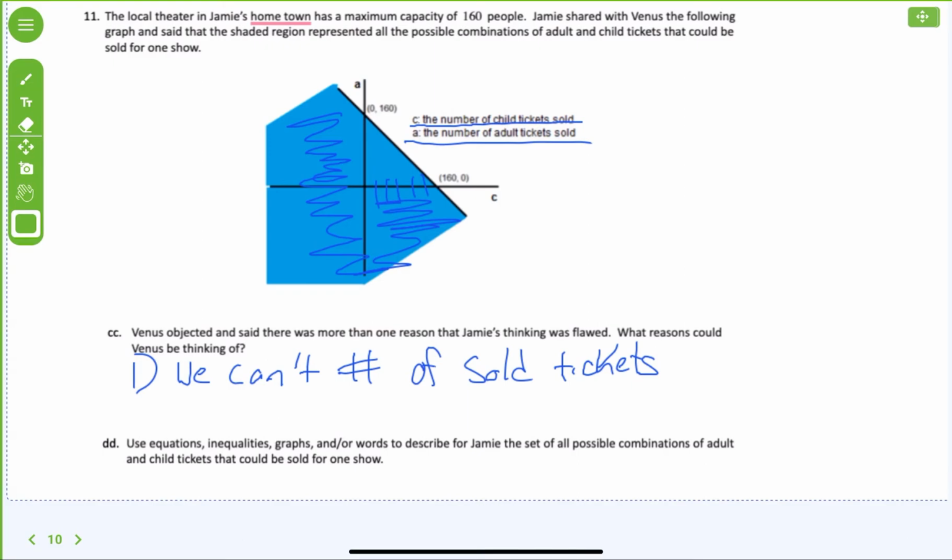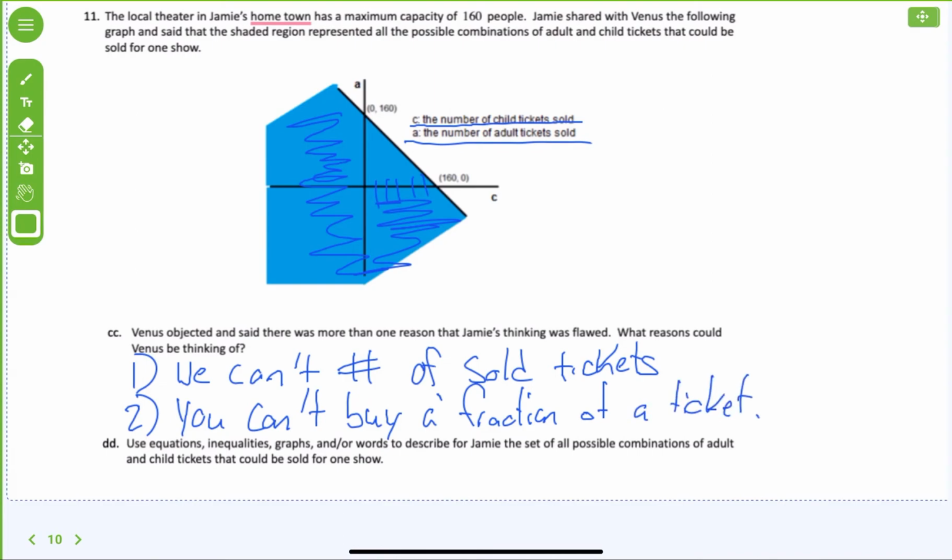Can you sell a fraction of a ticket? No. So the second reason would be you can't buy a fraction of a ticket. So, although it looks right, if we got real technical with it, she would be incorrect.